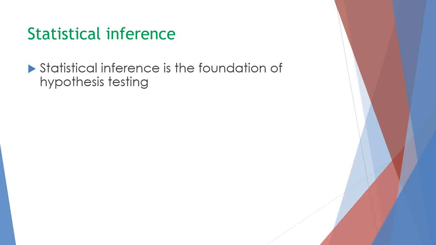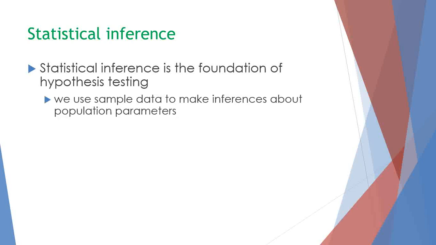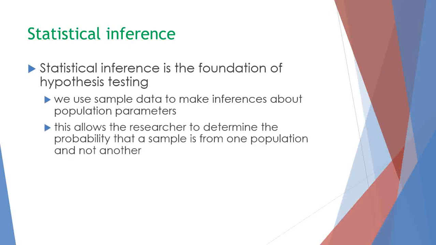Now, a statistical inference is the foundation of hypothesis testing. We use sample data to make inferences about population parameters. This allows the researcher to determine the probability that the sample is from one population and not another, that this is a clinical sample and not a general community sample.